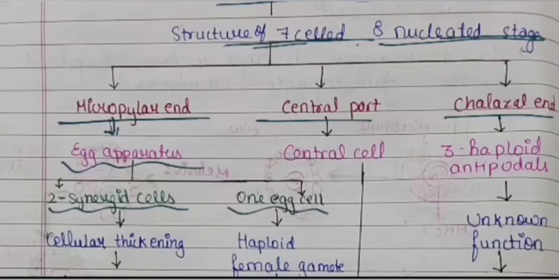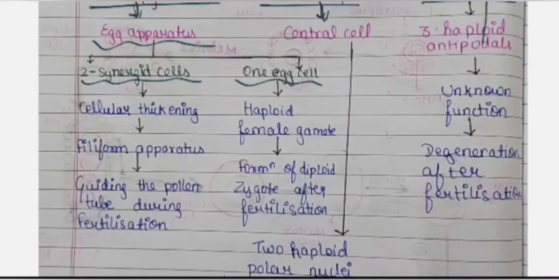In the central part there is a central cell. In the egg apparatus, two synergid cells have a filiform apparatus which guides the entry of the pollen tube during fertilization.